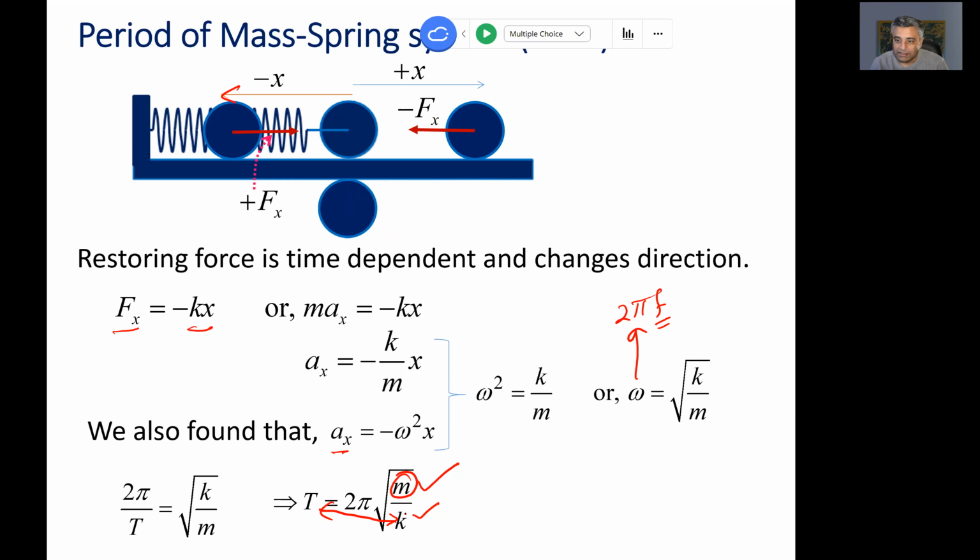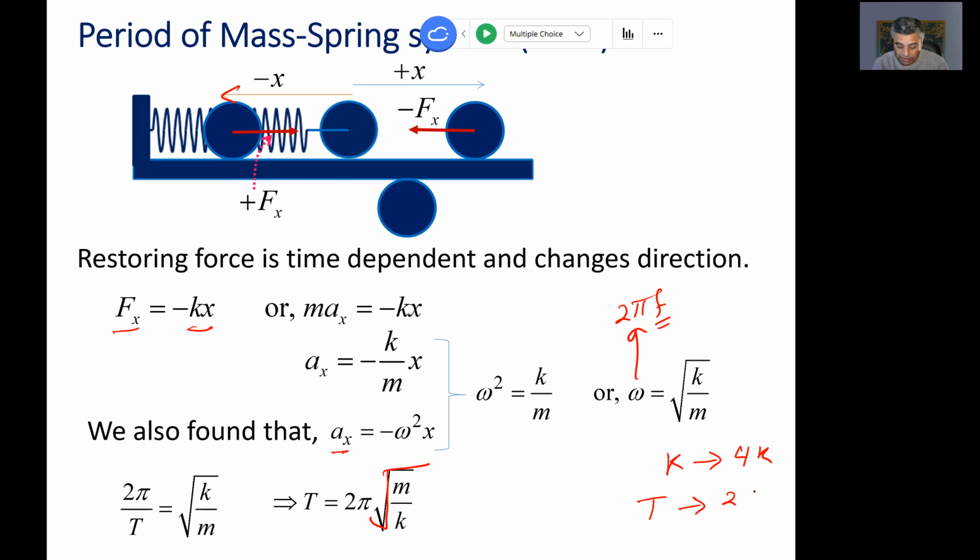Larger K means the period is going to be smaller. See how one is in the numerator, another one is in the denominator. So they have kind of an inverse relationship, but not exactly inverse, because the square root is there, right? So for example, if K goes to 4 times K, then T goes to 2 times T, just 2 times T when K goes 4 times.